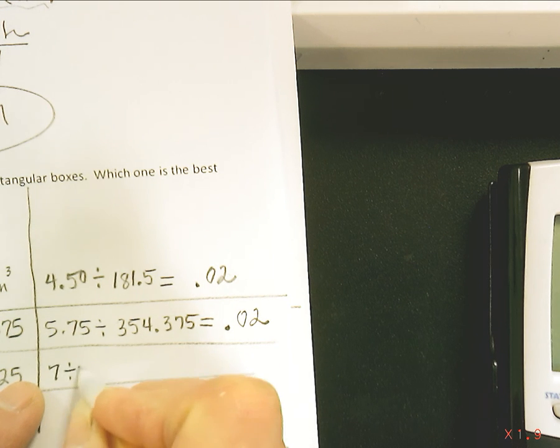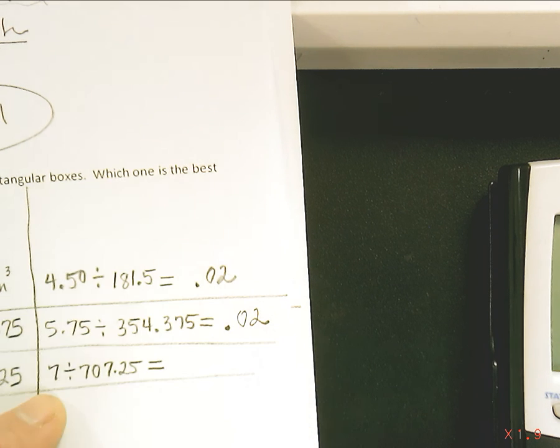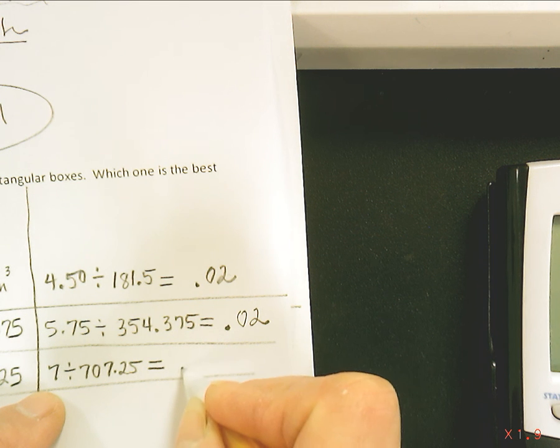All right, then let's look at the large. $7 divided by 707.25 cubic inches. Mia, you already have an answer? What'd you get?